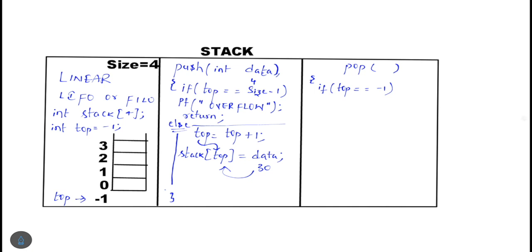The stack is empty, so you cannot perform any deletion. You need to mention that here. Similarly, printf. For this condition, we need to use the word underflow. So printf underflow. Stack is empty, I cannot remove anything from the stack.